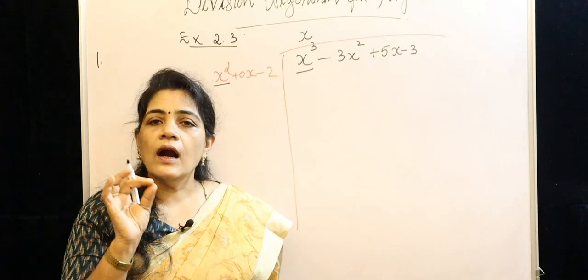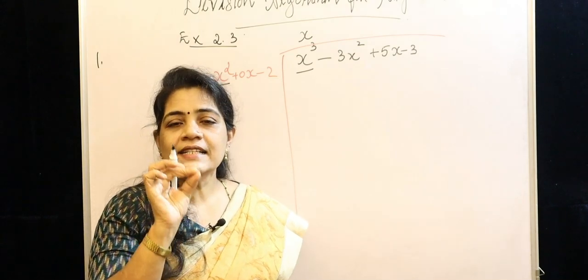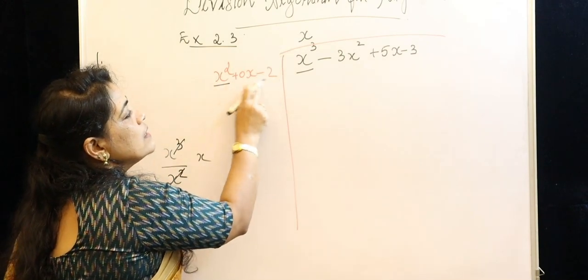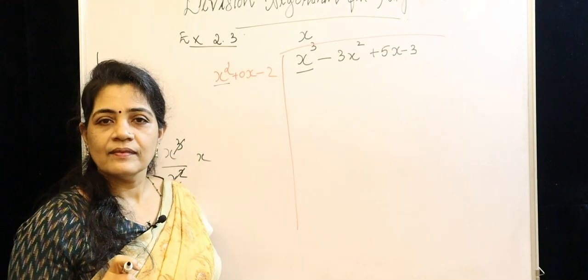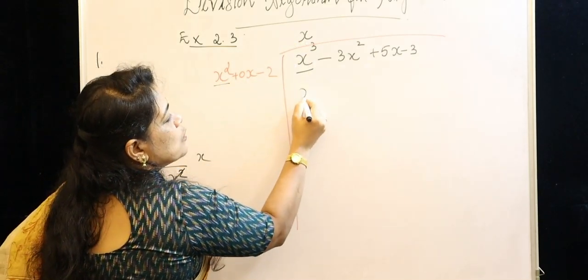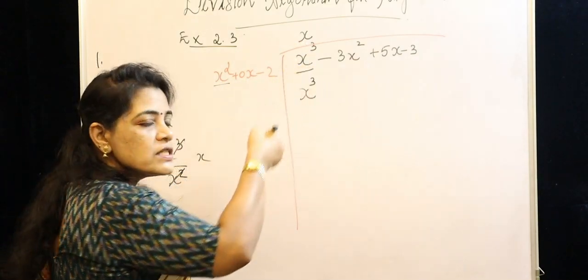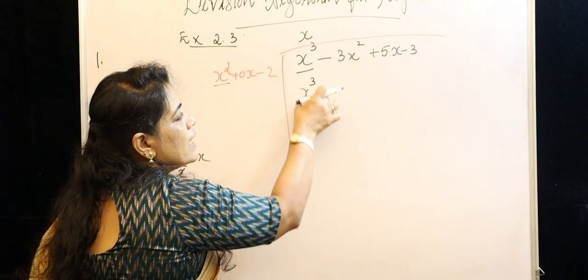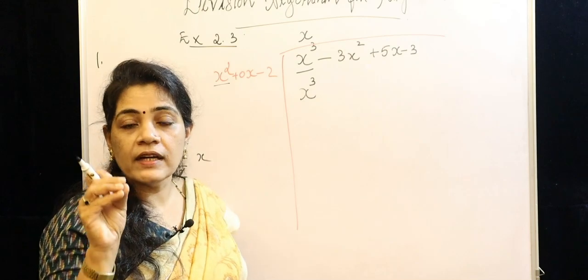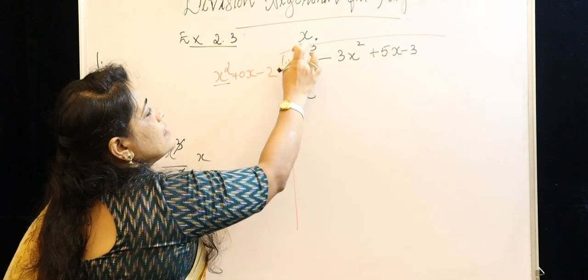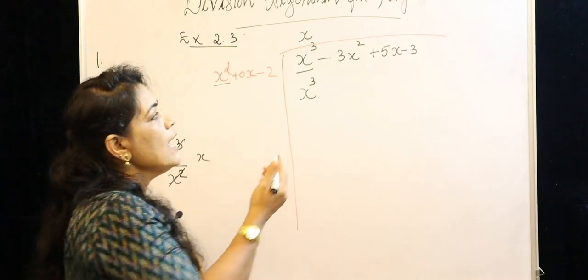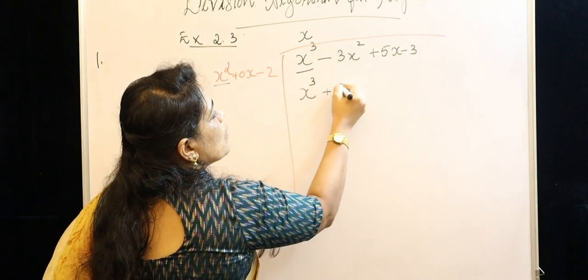Now, with that x, you multiply each term in g of x. So x into x square, x cube. Write those terms according to their places, that is regarding their power, degree. Then x into 0x, plus 0x square.